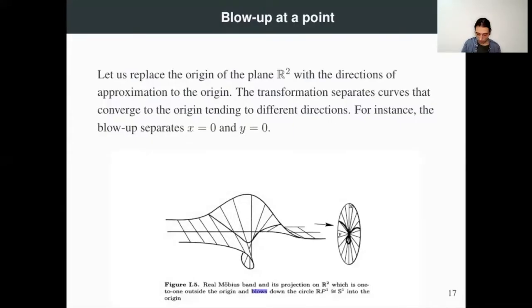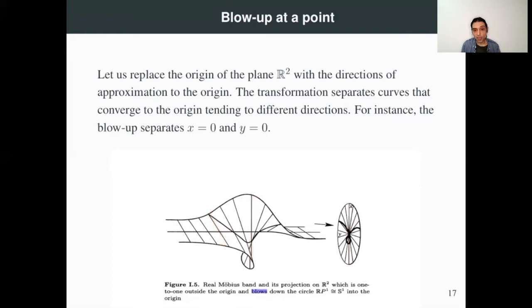So the picture over here is a neighborhood of the origin in the plane. And this is going to be the blow up. This point is going to be replaced by this line over here. Indeed, it's a circle that we are focusing on here in a local picture in a neighborhood of a point. And what we have is that these lines are separated.